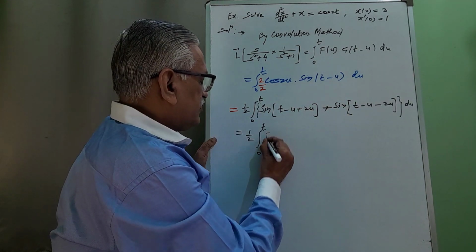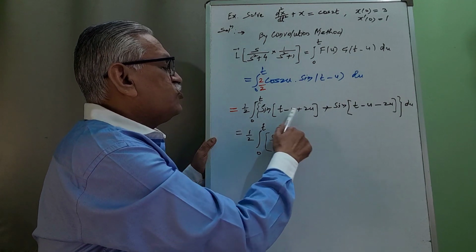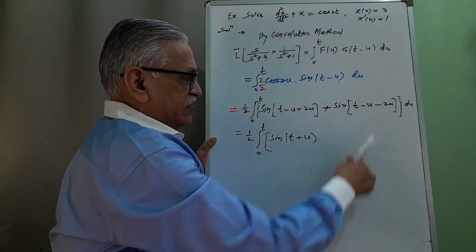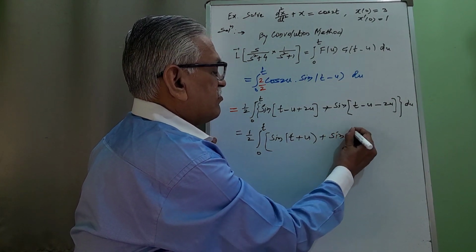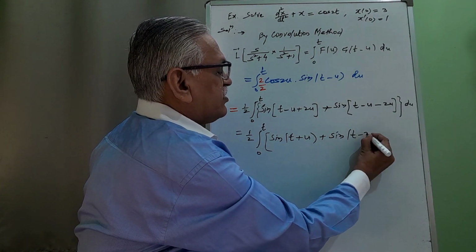It is sine of t plus 2u minus u, that remains u, and this one is sine of t minus u minus 2u, it is minus 3u.